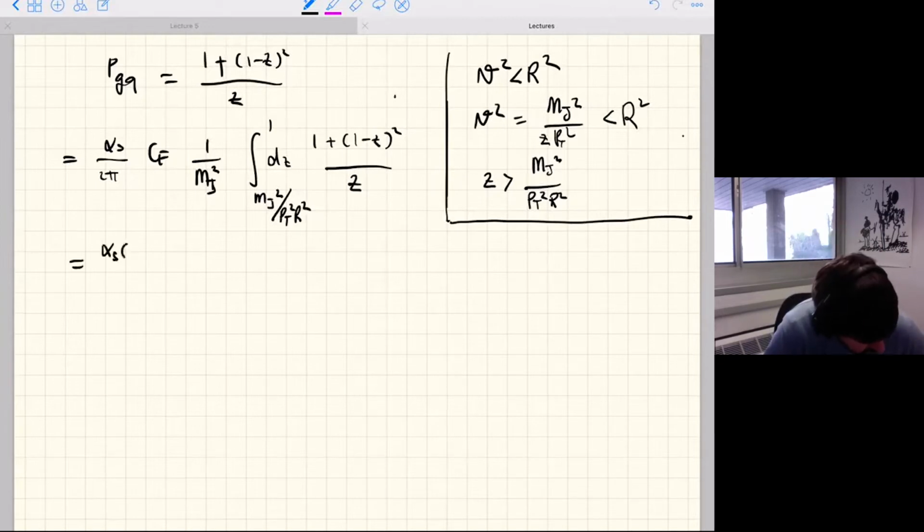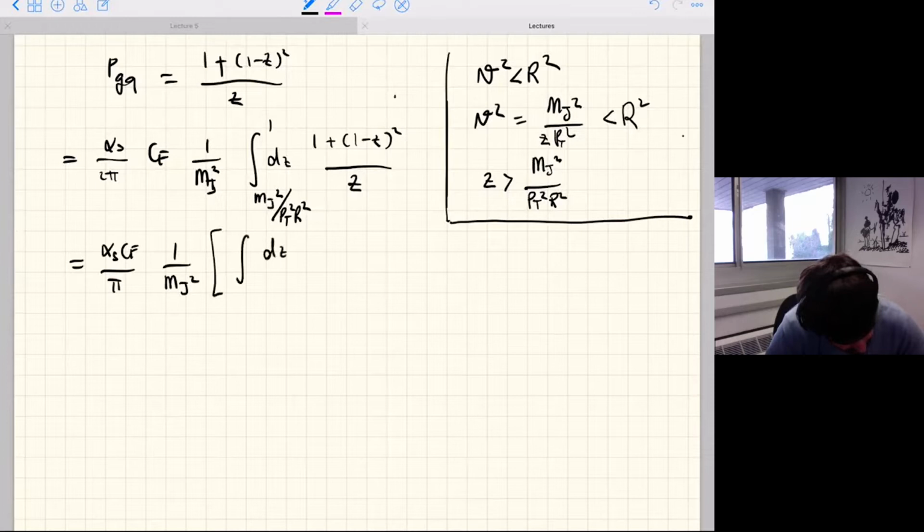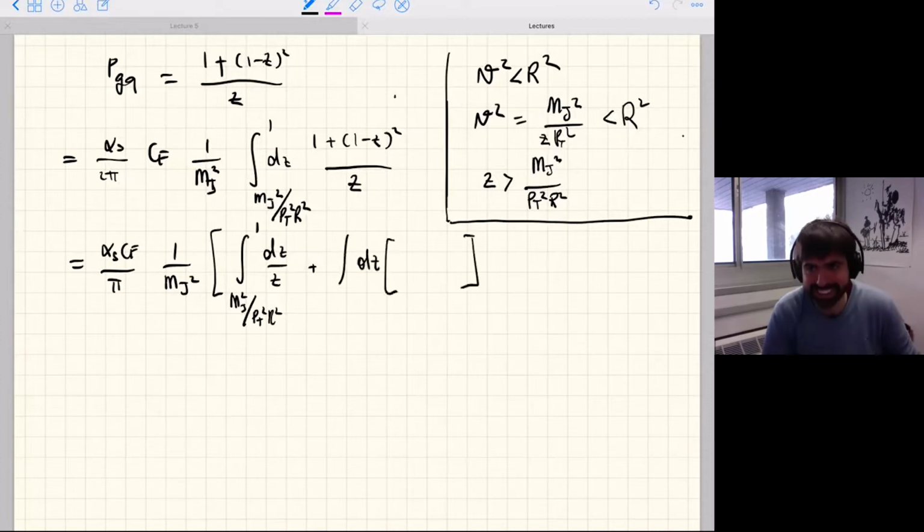So this alpha_s C_F over pi, 1 over m_j square. And then let me break the integral in two. So I have the integral of the singularity between p_T R square and 1, and then I have the remaining part. So I simplify the 2, because you are theoretical physicists, so I don't have to explain all the steps.